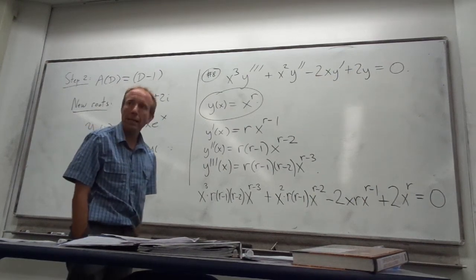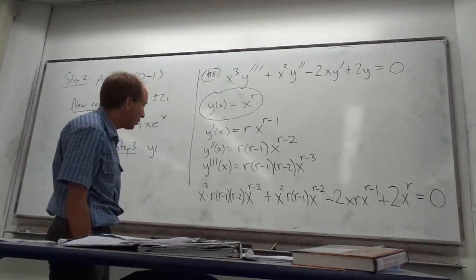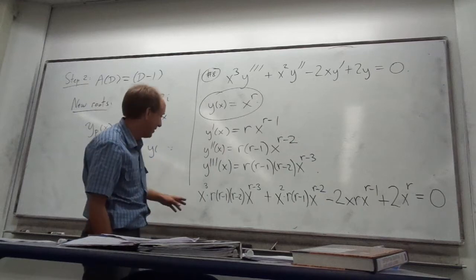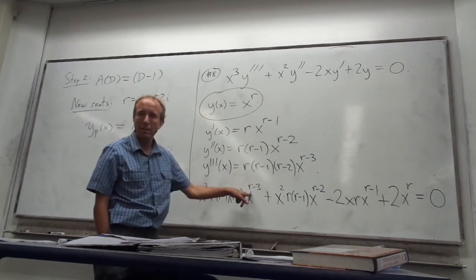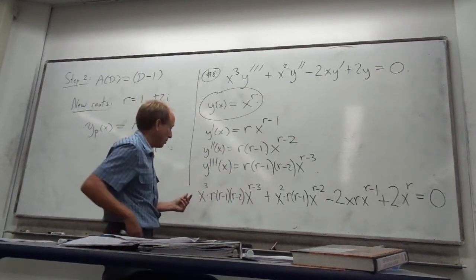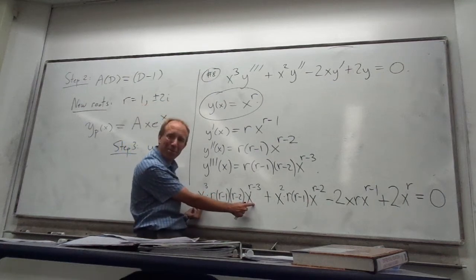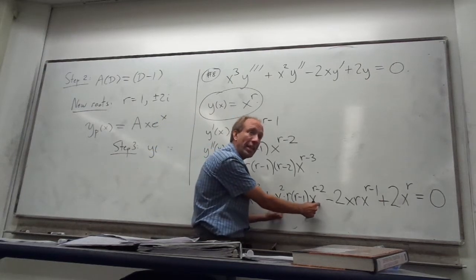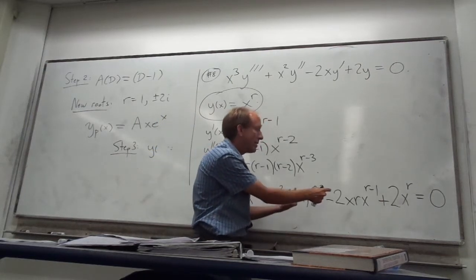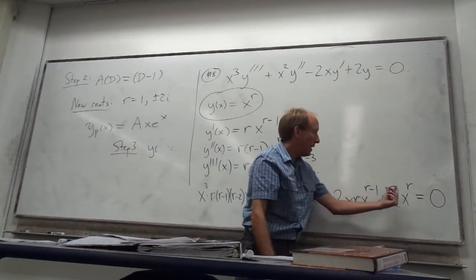Anybody see any way to make that look nicer? The x cubed and the minus 3 on the exponent cancel out, leaving you just x to the r. When you multiply these powers of x together in the first term, it just gives you x to the r. Same thing here, and same thing here.